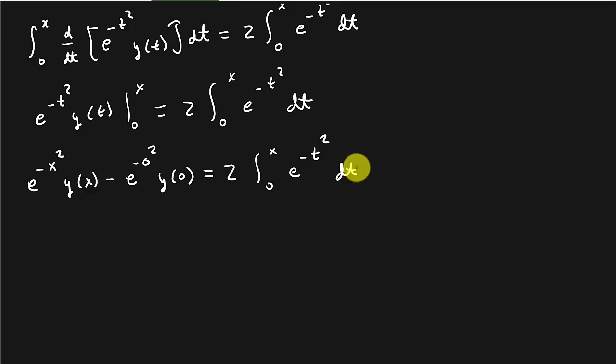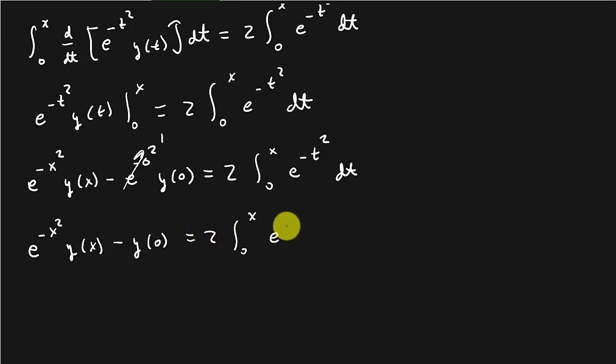And so this is going to be e to the negative x squared y of x minus y of 0, right? This right here just goes to 1, equals 2 integral 0 to x e to the negative t squared dt.